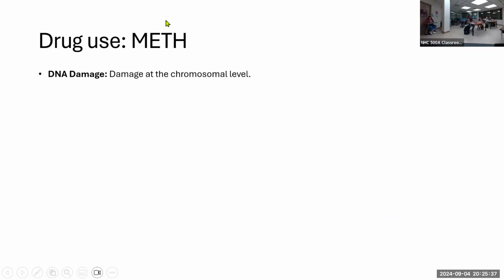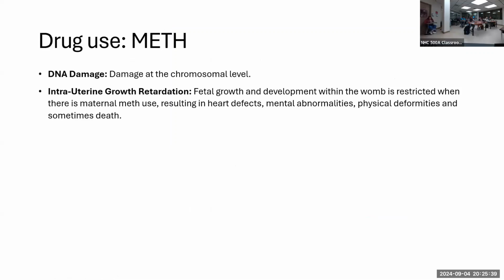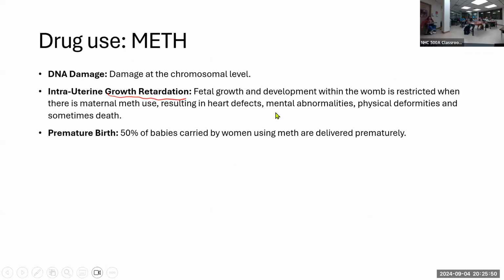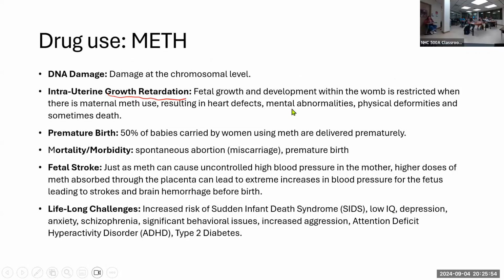Of course, we know about meth, the DNA damage at the chromosomal level. The infant growth retardation means that the growth doesn't happen well. There's restricted growth, heart defects, usually premature birth, and even lifelong challenges. Infants can be born addicted, as you read about in your book, right?